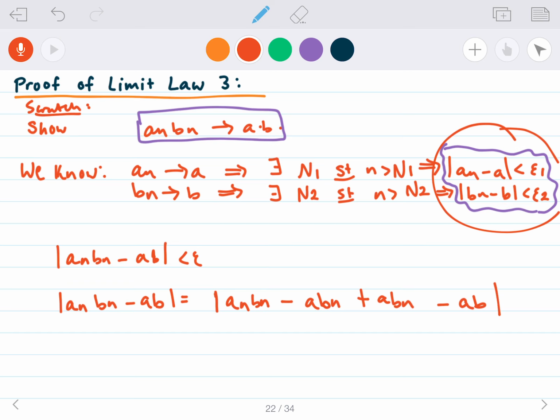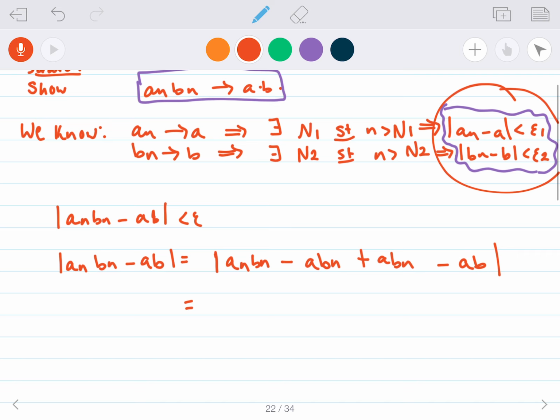And the reason I'm using this as the thing that I'm subtracting and adding off is because I'm noticing here, if I factor out a b sub n, I get a sub n minus a. And over here, if I factor out an a, I get b sub n minus b. Okay, so sneaky stuff here. We're doing really sneaky stuff. But this is how you can think about it.